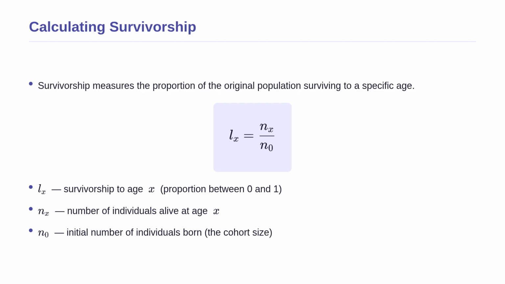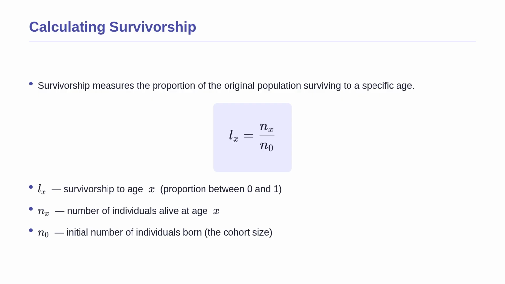This brings us to the mathematical representation of life tables. The most fundamental metric we calculate is survivorship, denoted by lx. Conceptually, this is just the fraction of the original population that survives to a given age. In the formula, nx represents the raw number of individuals still alive at age x, and n0 is our starting cohort size at time 0.